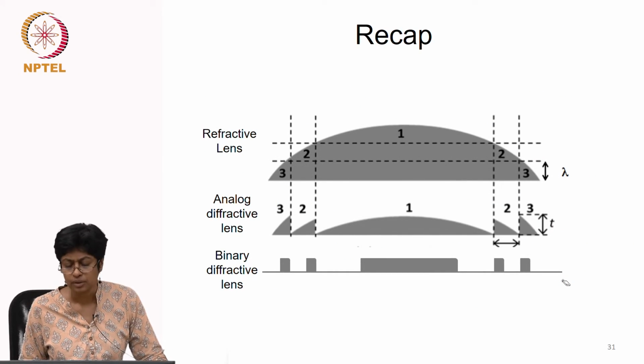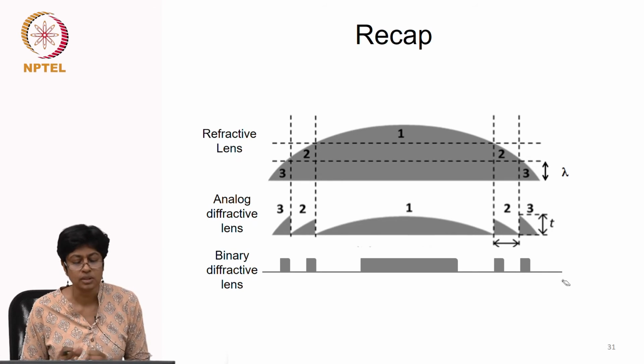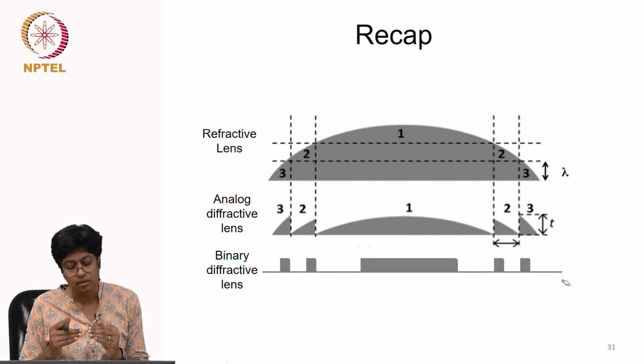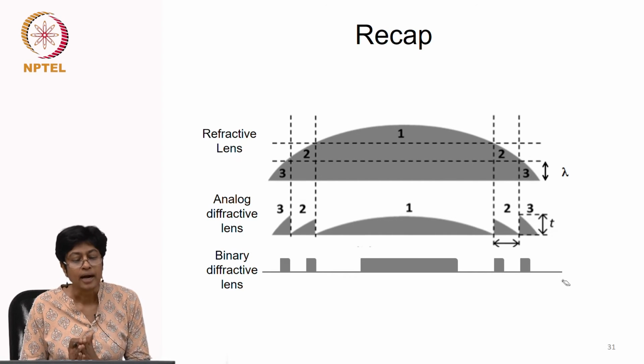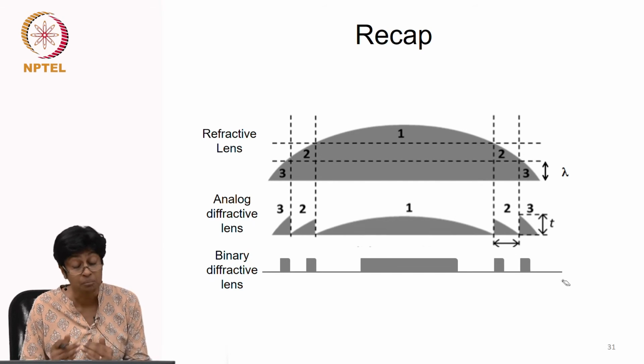Okay, so coming to the end almost, let's just do a quick recap. We started out by saying, since a change of phase of 2 pi doesn't really optically make a difference, can we convert a refractive element to a diffractive element by removing all the unnecessary 2 pi's?